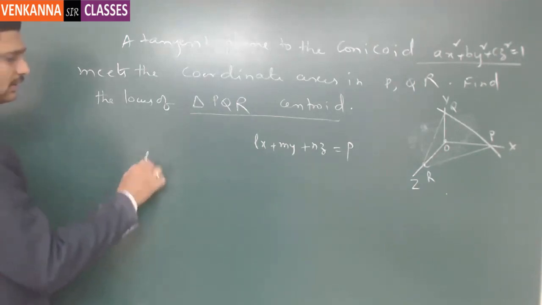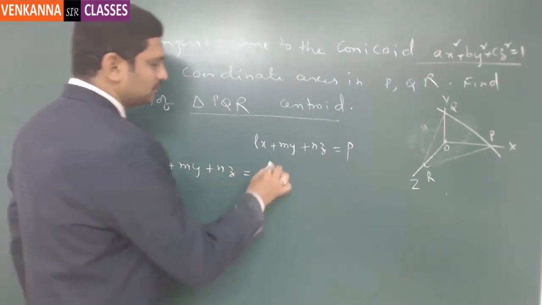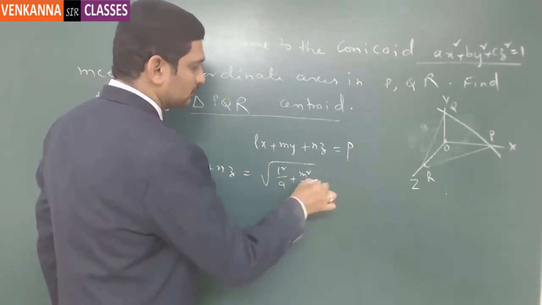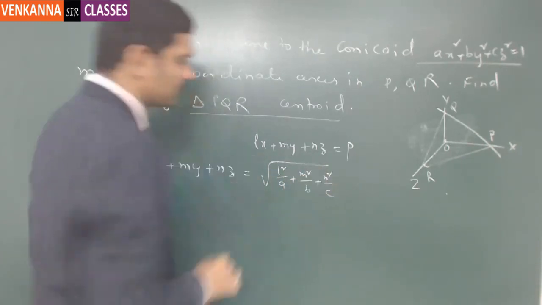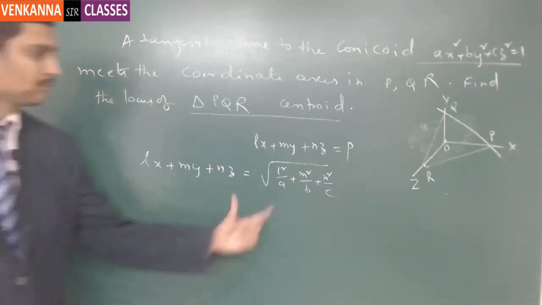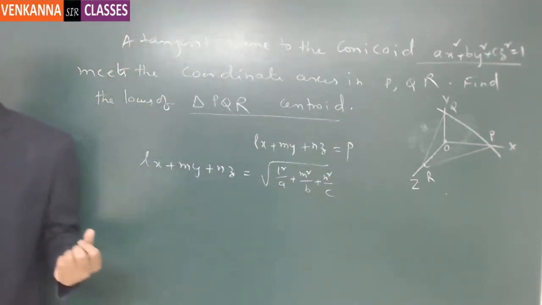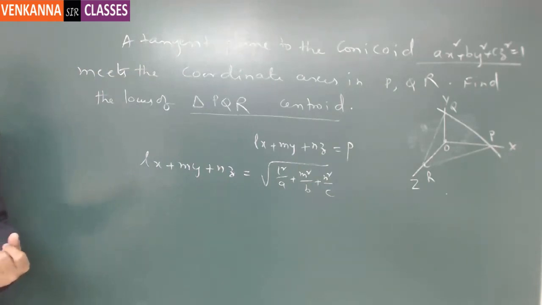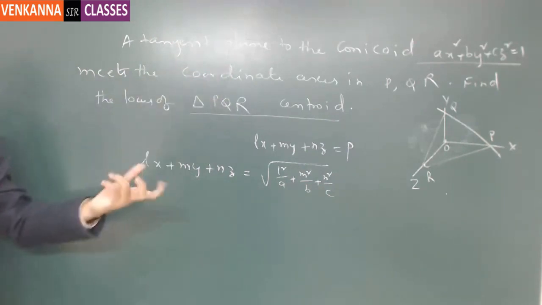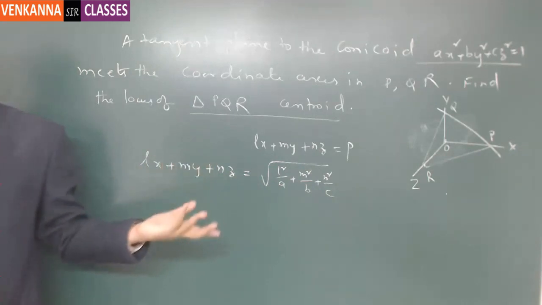So the actual tangent plane is nothing but with P squared equal to L square by A plus M square by B plus N square by C. Now it is intersecting the coordinate axes, so we have to convert this plane into intercept form.